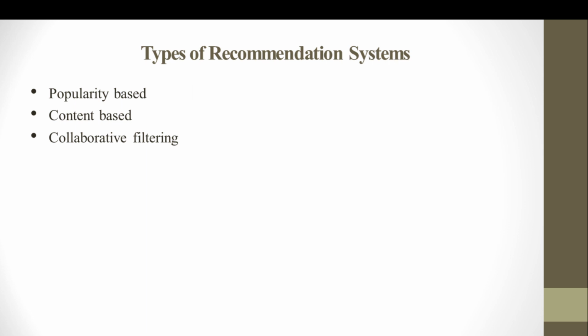If I'm a user who is very similar to Mr. X, and if I like comedy movies, there are strong chances that if Mr. X is similar to me, then he is also going to like a comedy movie. So that is what is called collaborative filtering.